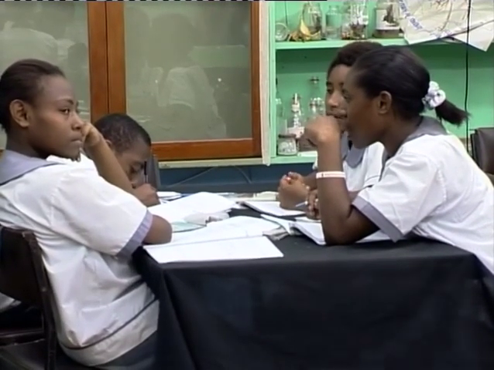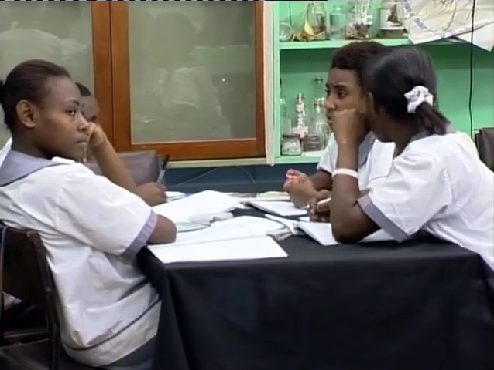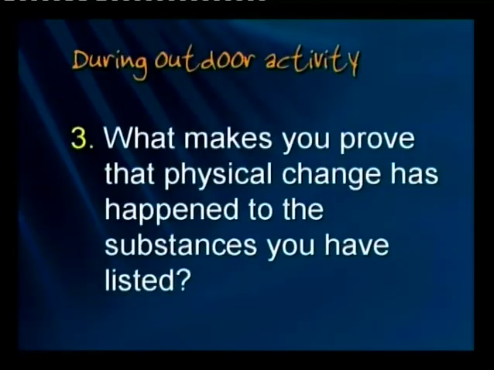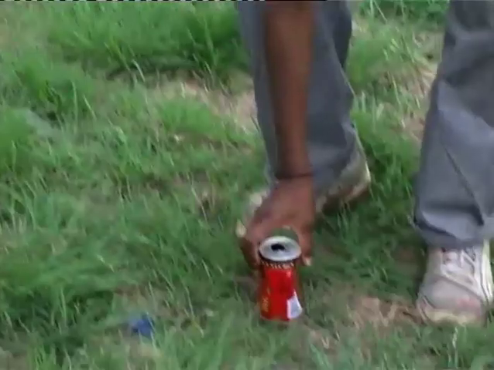All right, some questions to help you understand what physical change is. This is a discussion question for us to answer. What makes you prove that physical change has happened to the substances you have listed? What makes you tell that that's a physical change? Like the can, for example.